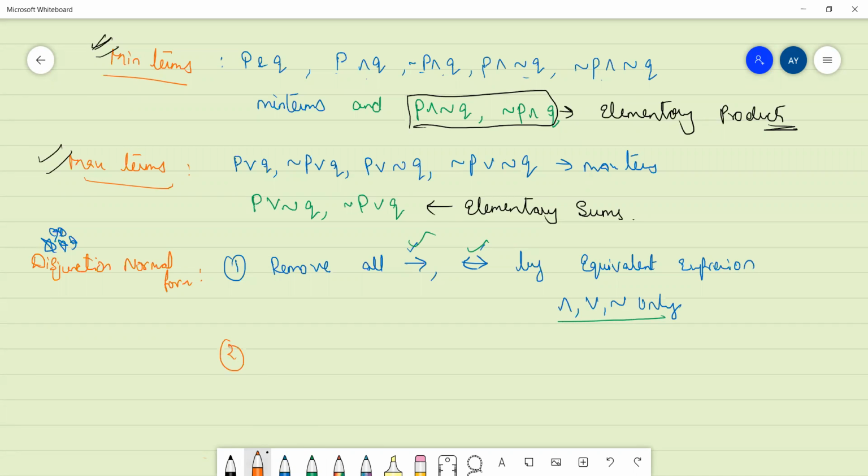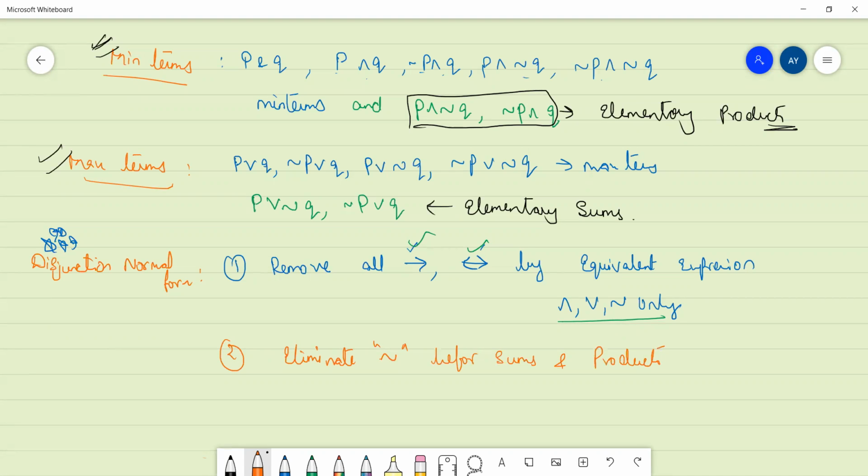In the second step, eliminate negation before sums and products. You have to eliminate negation, that is this symbol, before sums and products. Once we do one example, I think you will have a clearer idea. This is done by using De Morgan's law.